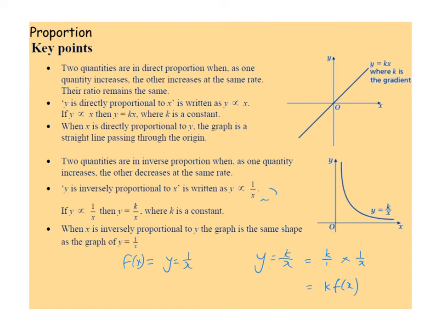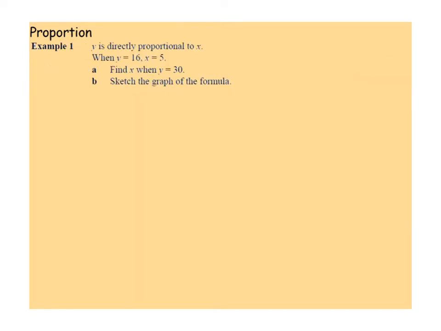Let's just get rid of those. And we'll go straight into some examples, and hopefully these examples will be consistent with what you've seen at GCSE. So we're told that y is directly proportional to x. I'm going to write that straight away mathematically. And as soon as I've written that, because I know I can replace that proportionality sign with an equality sign, I will do that.